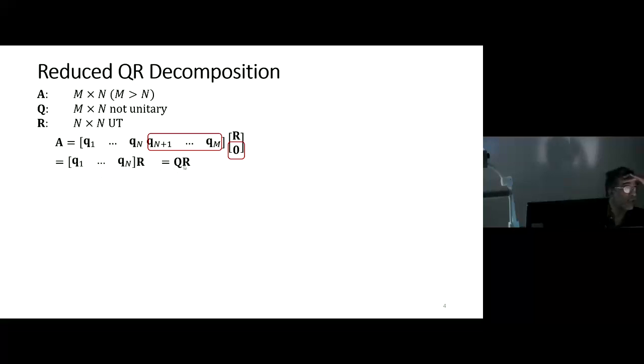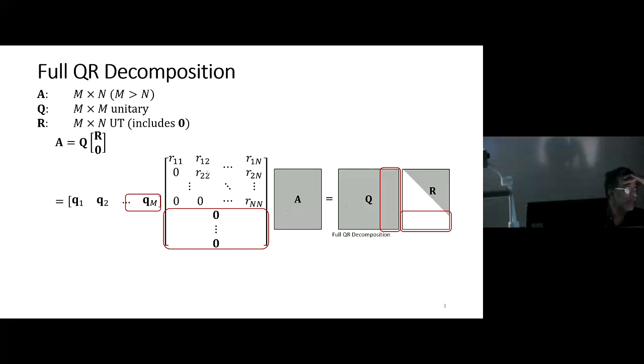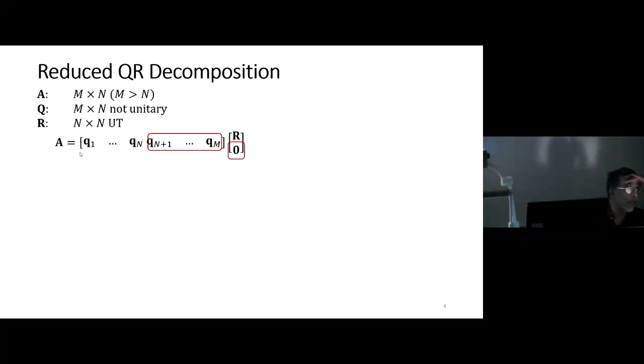And on this side, this Q, mind you, is not the same as this Q here. This is full QR decomposition, but this here is reduced QR decomposition. You must take note of it. I'm just calling it Q again.